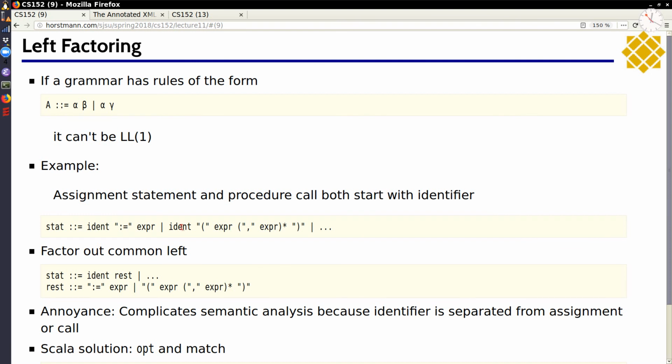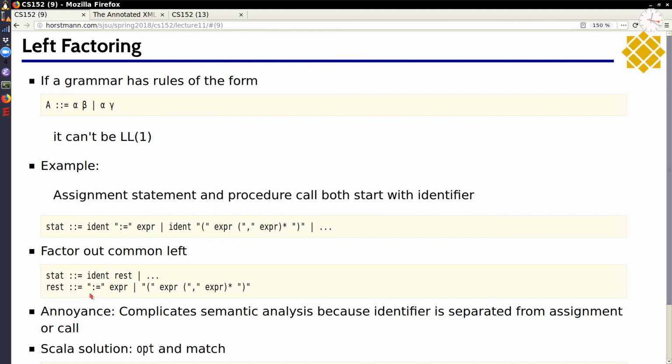So here's how to deal with something like this, and this will happen to us in the languages that we build. We say, well, we need to consume the identifier first, and then we need to be at a point where we can make a decision. And so you make the rule for statement to say it's an identifier followed by a rest. And then we define rest on the next line as a separate non-terminal.